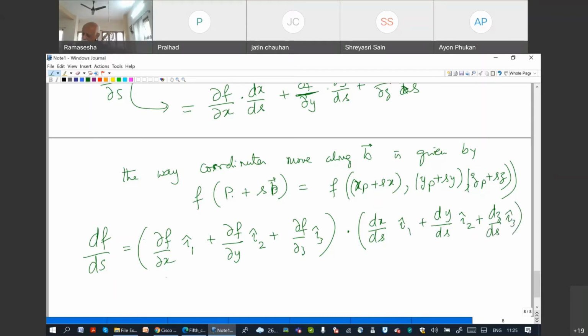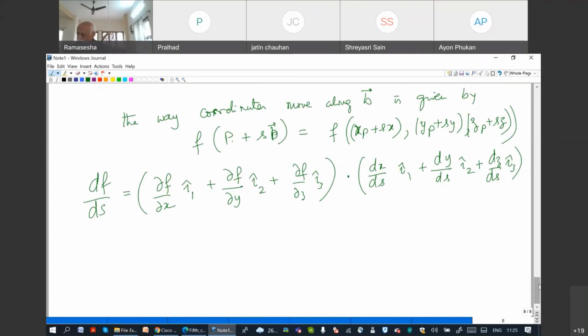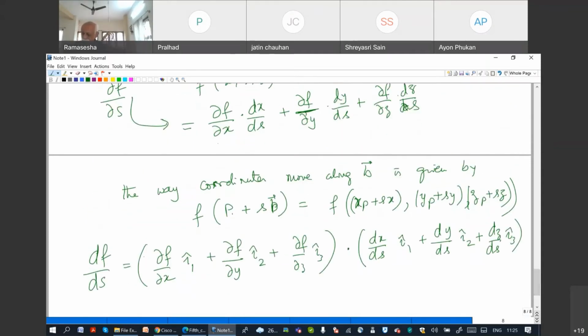If I take a dot product, I'll get exactly this, right? If you take the dot product between these two, this is identical to what you get here. Any questions?